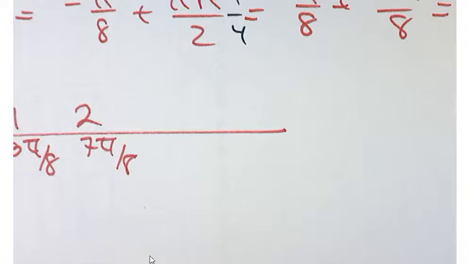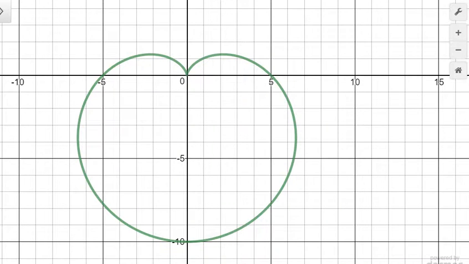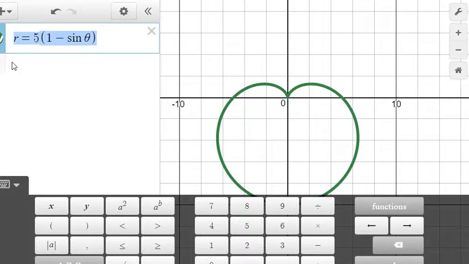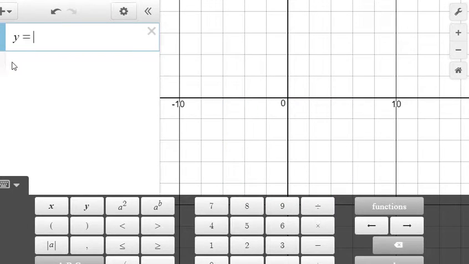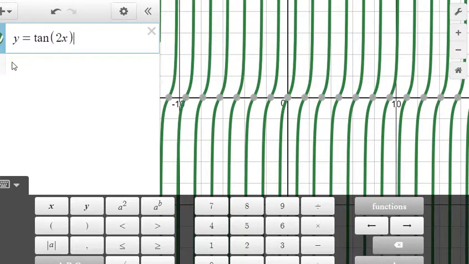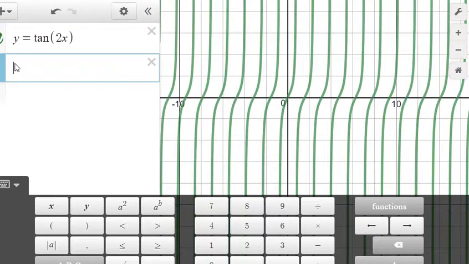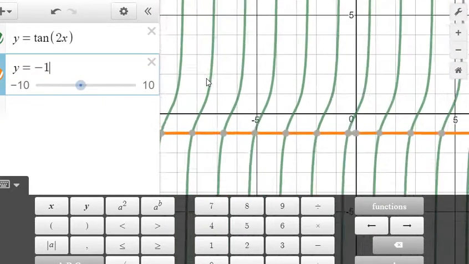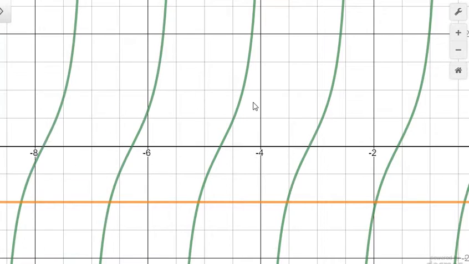Let's take another look at this graphically, kind of like we did the last one. So I'm going to graph two functions. Y equals tangent of 2x, and then y equals -1. Let's zoom in a little bit just to make it a little easier to see.